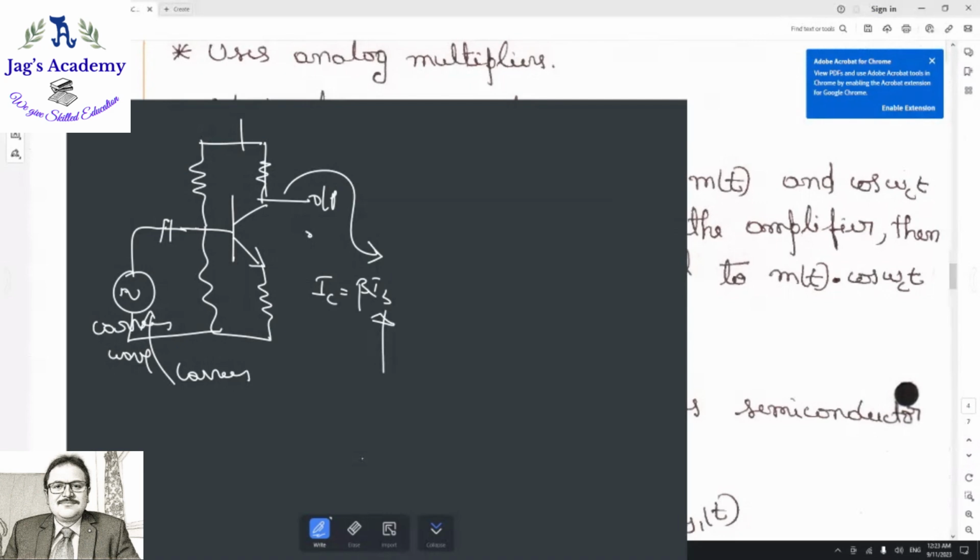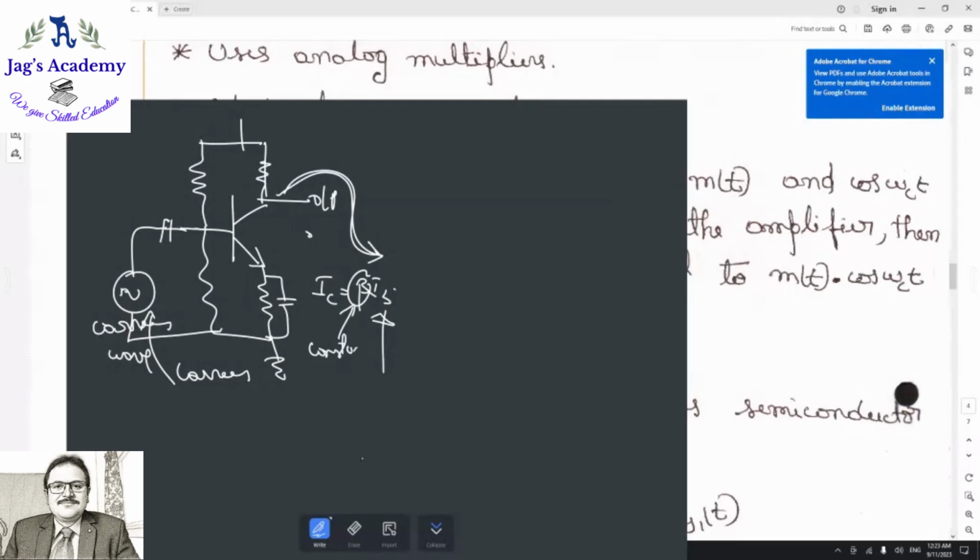Now your current at the collector is equal to beta times IB, right? In a typical common emitter amplifier, where you don't connect anything except a coupling capacitor here, this beta will be constant.